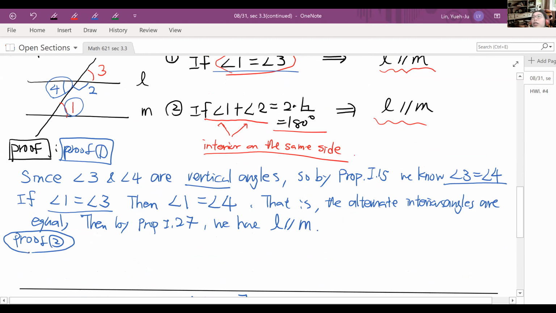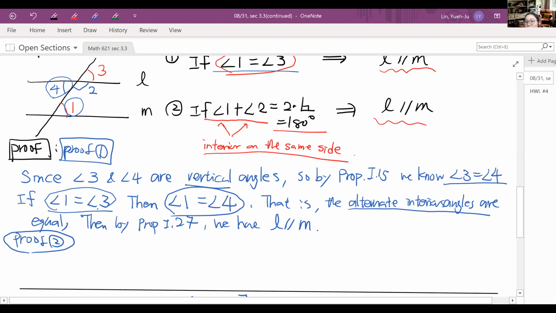I have a question. Yeah, sure. When you say that the alternate interior angles are equal, is that our justification for if angle 1 equals angle 3, then angle 1 equals angle 4? No, that's not a justification. The justification comes after that. I'm just restating it. First you have angle 1 equals angle 3.